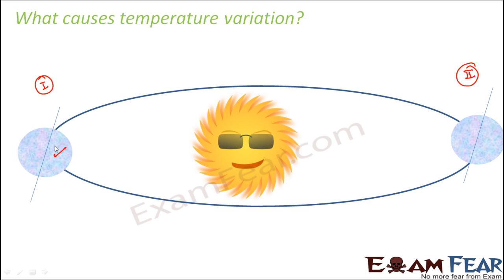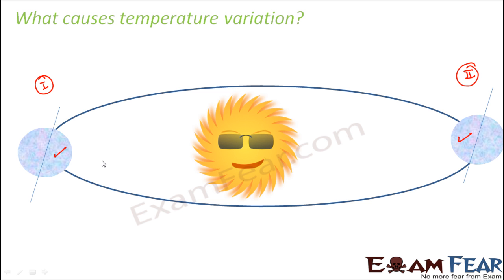But when this same Earth is revolving and finally reaches this position, what is happening? Whichever part is on this side is going to receive more heat and more light. So this part is going to be hotter in this case. So basically, as the Earth revolves around the sun, the part of the sphere which is receiving more heat also changes.